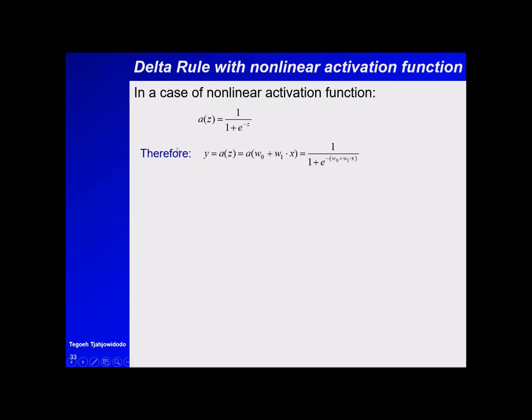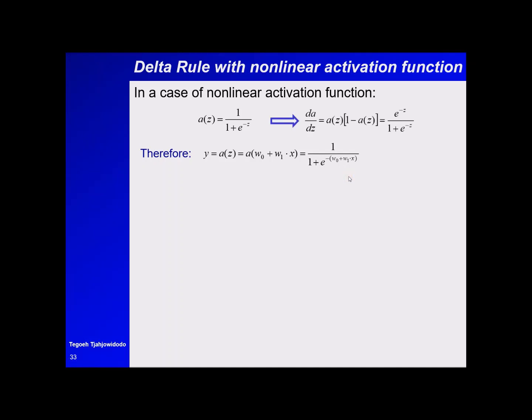So this function for z equal to w0 plus w1 times x, then the output y here will be equal to 1 over 1 plus exponential of minus (w0 plus w1 times x).